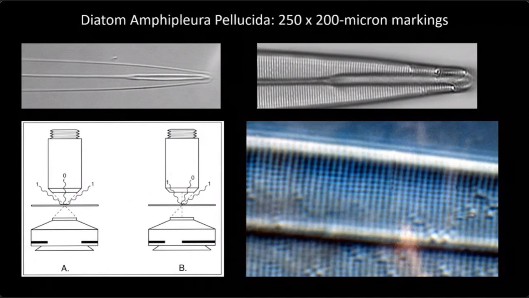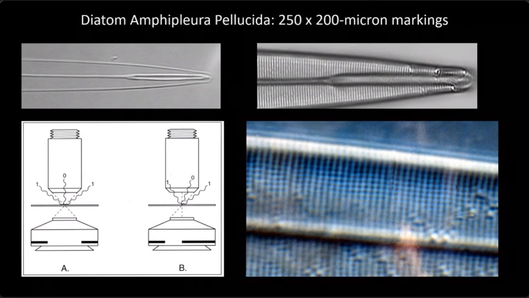For the 200 micron spacings, you get the zero order, but the first order is not being captured by the objective lens, so you can't see it. But if you use oblique illumination, now you tilt the illumination so the zero order is over to the right side, and you're getting the first order over to the left side, and all of a sudden, that's what you see. The image on the right there is with oblique illumination, with oil on both the condenser and the objective.